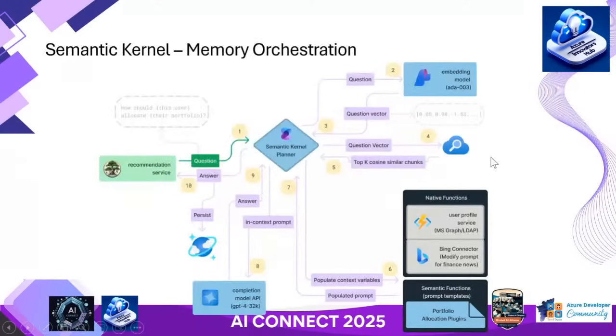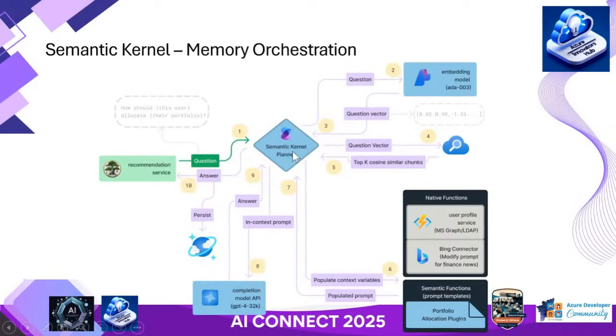So this is the workflow that we will follow. We have our recommendation service up and running on top of the Azure Kubernetes Service. The customer or client can ask a question, which is going to go through Semantic Kernel.